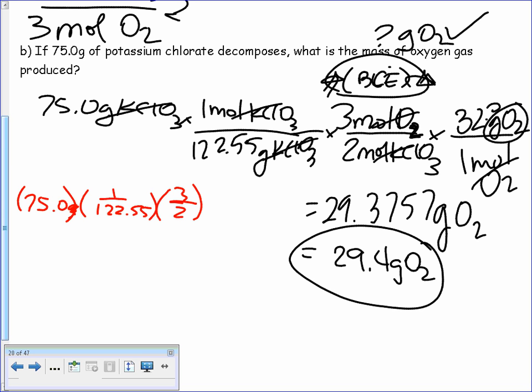That's how I handle that, because it multiplies and divides at the same time, and then times 32. Or in your calculator, 75.0 divided by 122.55 times 3, and then stop there, divide by 2, and times 32. Either way works. I already multiply by 3, then divide by 2, and then times by 32 because it's on top.